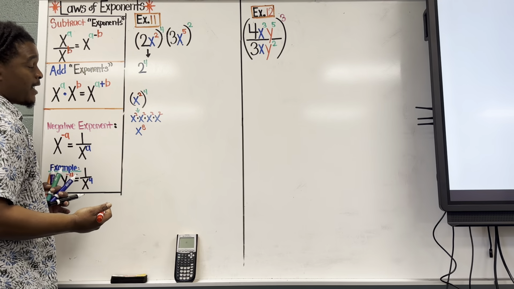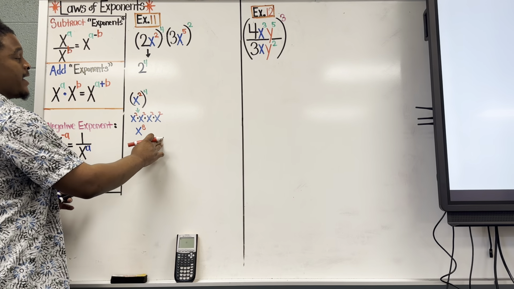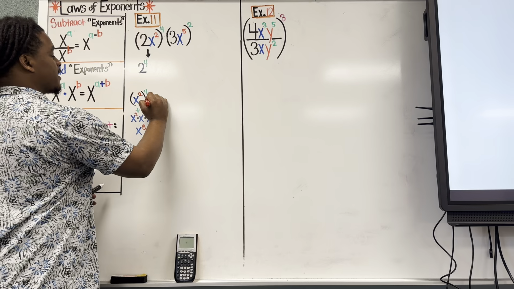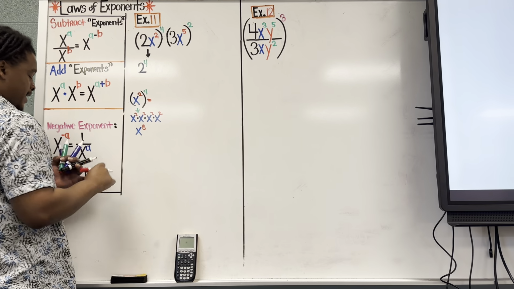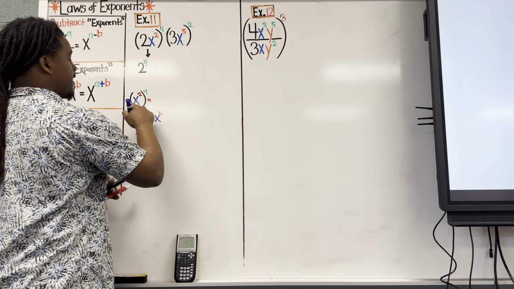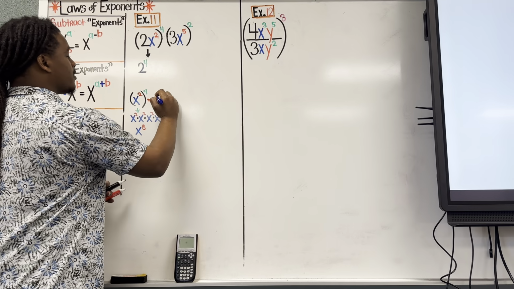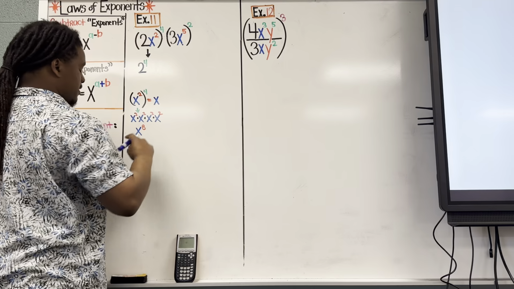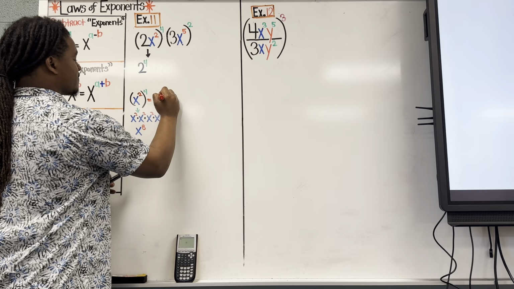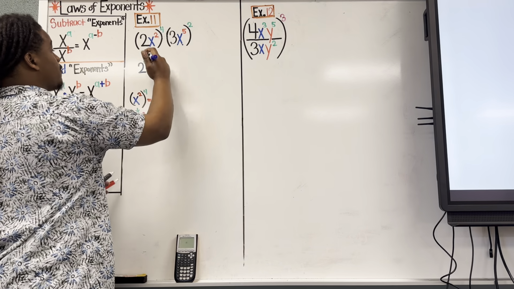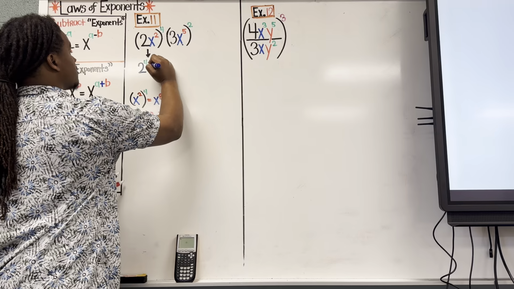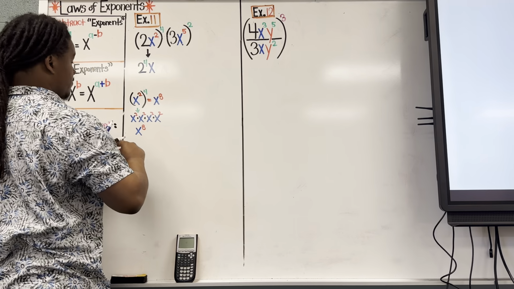That's why we can simply multiply the 2 and the 4 together to get 8. So x squared to the 4th power is actually x to the 8th power. I just wanted to show y'all that demonstration real quick.